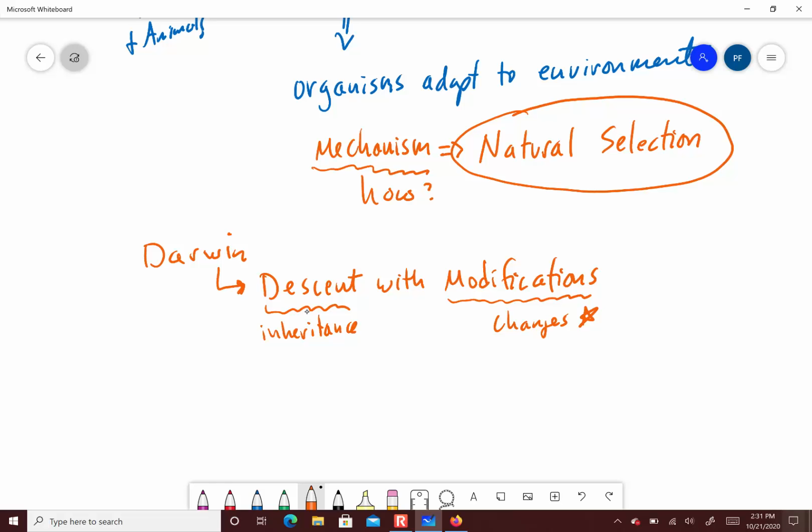So those adaptive changes are these modifications. This is how Darwin himself described this process: we make these changes, nature is selecting that there's some advantage to these changes, and then those changes are inherited by offspring. So we get this descending lineage of organisms with that modification.